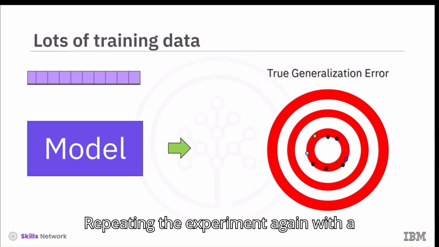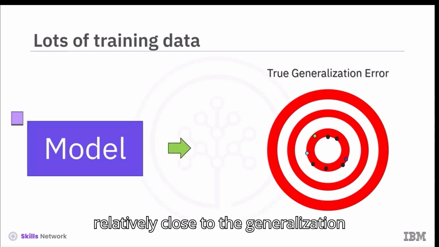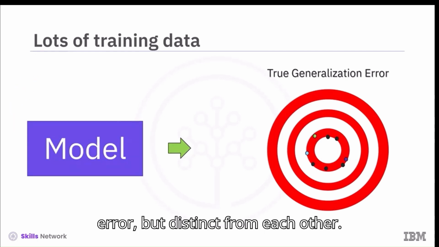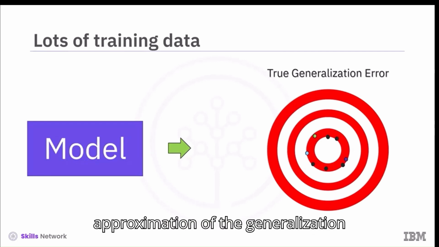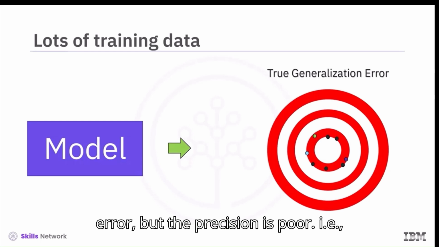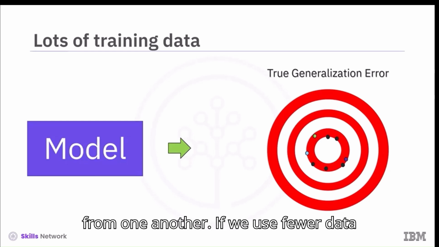Repeating the experiment again with a different combination of training and testing samples, the results are relatively close to the generalization error, but distinct from each other. Repeating the process, we get a good approximation of the generalization error, but the precision is poor, i.e., all the results are extremely different from one another.